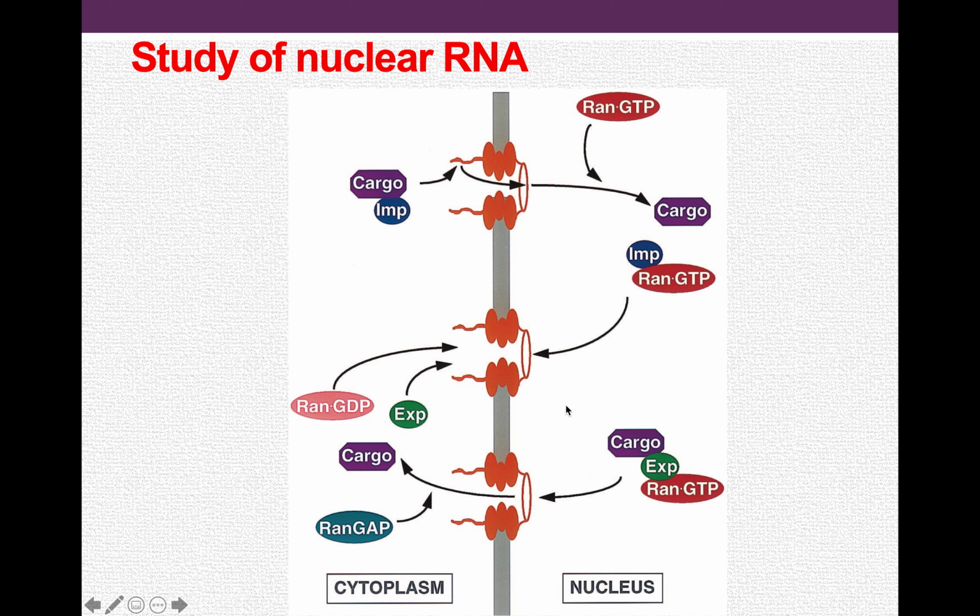Simply said, we know that all the replication and transcription is done in the nucleus, and later on translation has to be done in the cytoplasm, so it has to be exported. To be exported, your cargo has to have the exporter, which is one of the factors, plus the RAN-GTP to be taken across the membrane.